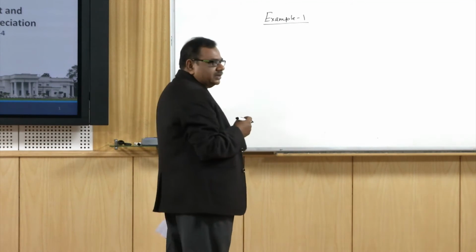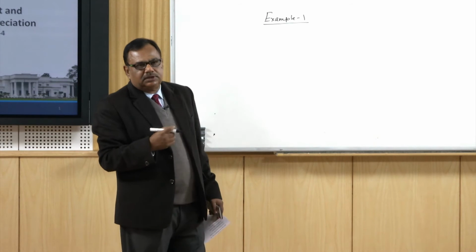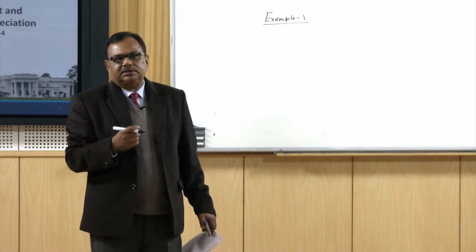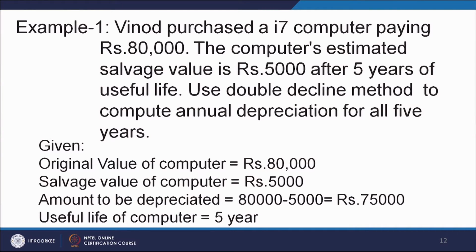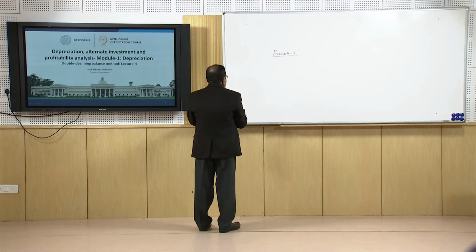Now, in this example 1, Vinod purchased an i7 computer paying rupees 80,000. The computer's estimated salvage value is 5,000 after 5 years of useful life. Use double declining balance method to compute annual depreciation for all 5 years.